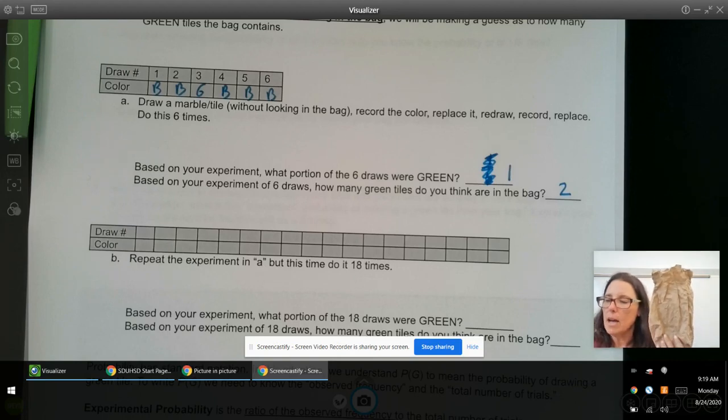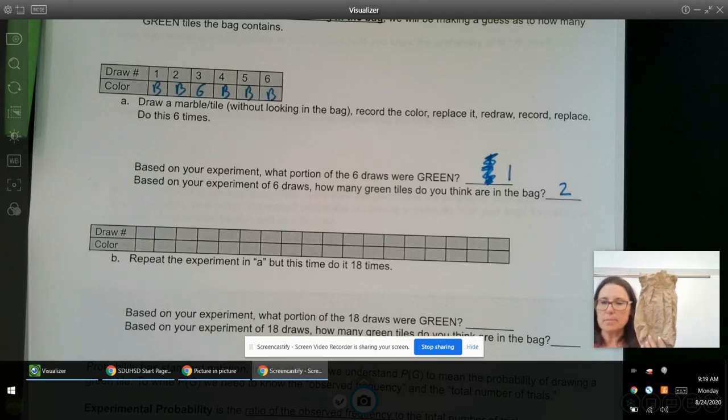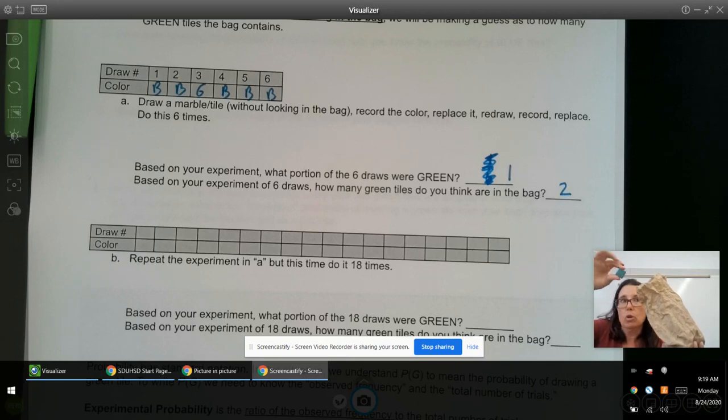All right, now we're going to do this 18 times. I'm going to try to do this quickly here if I can. Green. Put it back in. I'll write it down in a second. Blue. Green.